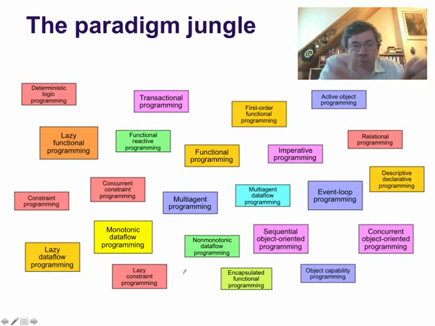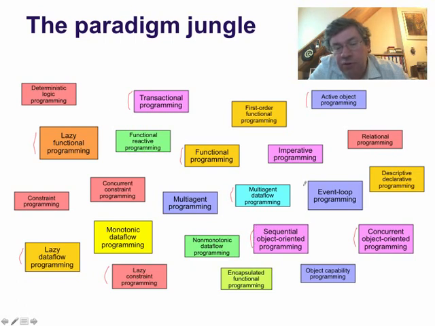So here's some of the paradigms, not all 30, but a number of interesting ones that I've sort of randomly put on the page so you can see it's kind of a jungle. How do you bring order to all of these? There's very interesting ones. There's functional programming, there's the multi-agent data flow, there's concurrent object-oriented programming, there is lazy constraint programming, lazy functional programming, programming with active objects, programming with transactions, lazy data flow, sequential object-oriented, event loop, and so on, many paradigms, and they're quite interesting, all of them actually.